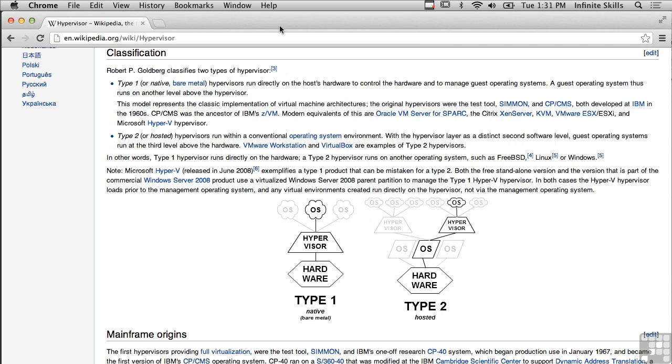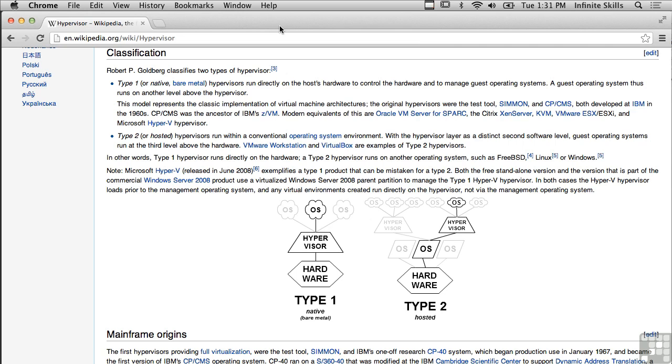Now, a Type 2 hypervisor is probably one you're more familiar with, and it's certainly one that we've looked at here previously. A Type 2 hypervisor is where you install your operating system on top of the hardware. My example here would be I've got my PC and I've got Mac OS installed on top of it, and then I've got a hypervisor that runs on top of that.